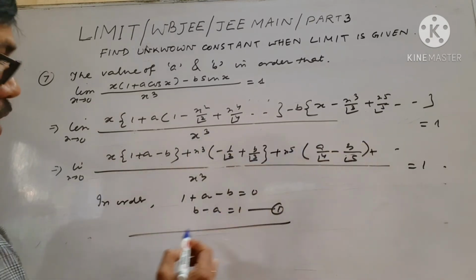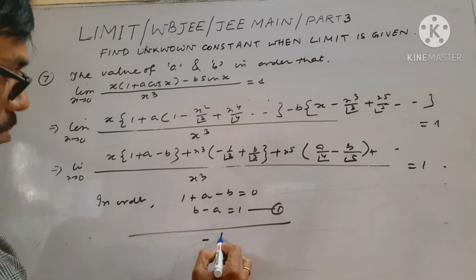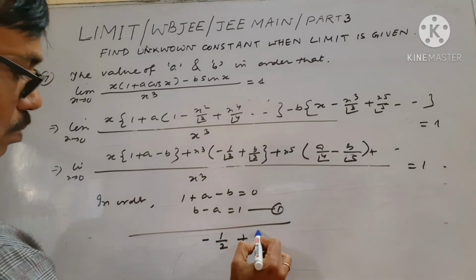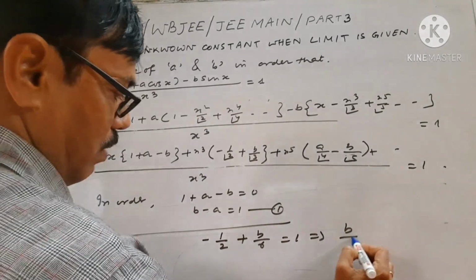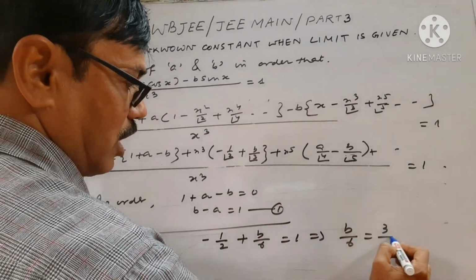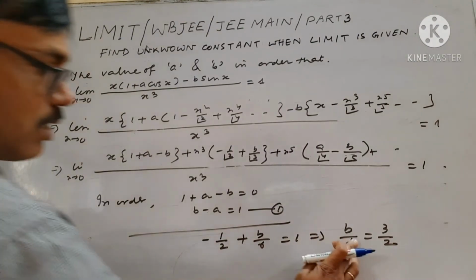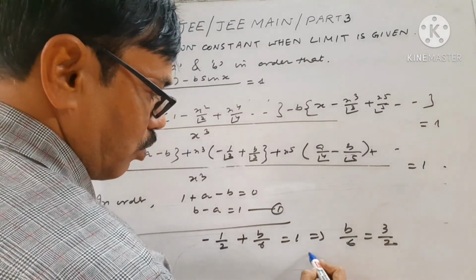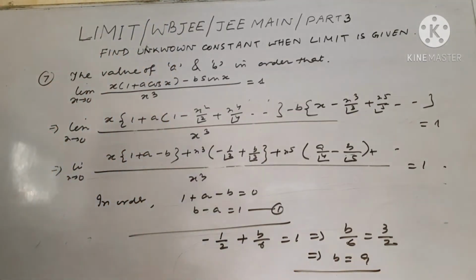So since the value is 1, we get 1 by 2 plus b by 6 equals 1. So what is b by 6? b by 6 equals 3 by 2. So what is b? b equals 9.